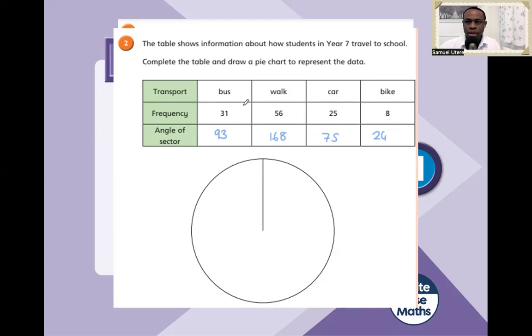That number is 120. So if you add all of these up, you will get 120. Now we want to represent 120 as the total data, which is equal to 360 degrees.